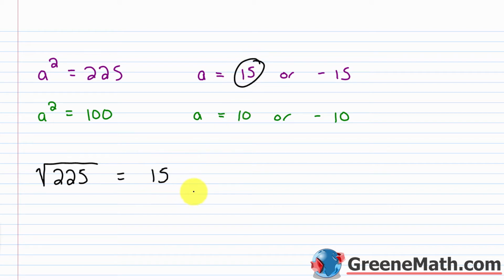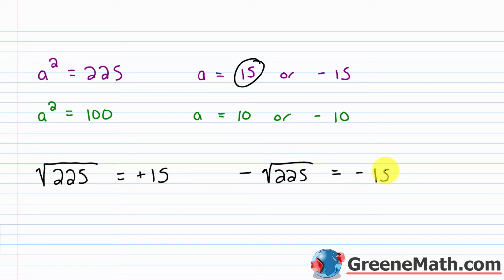Now, there's also a different way to notate when I want negative 15. This right here is known as the principal square root, or the positive square root, so it produces a positive here. And then we have what's known as the negative square root. So if I want this one, I put a negative out in front, and then everything else is the same. It's just asking me for the negative of this 15, which would be negative 15.